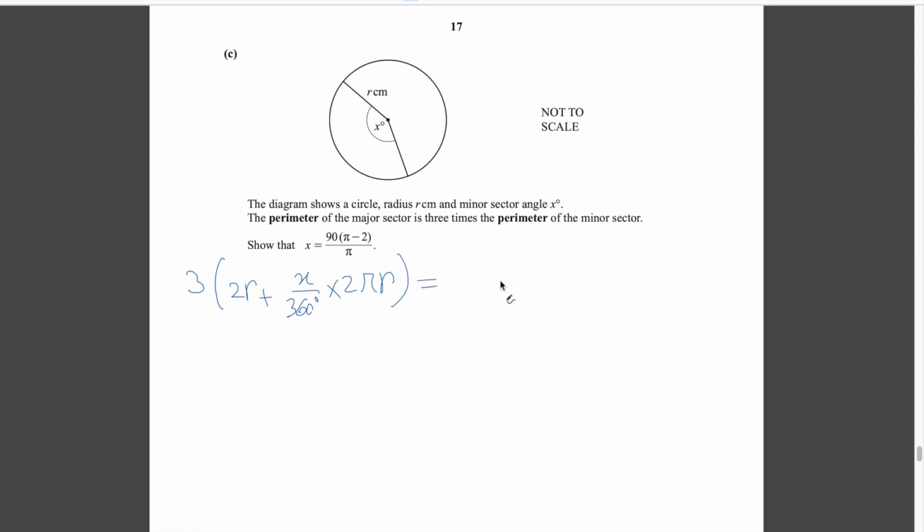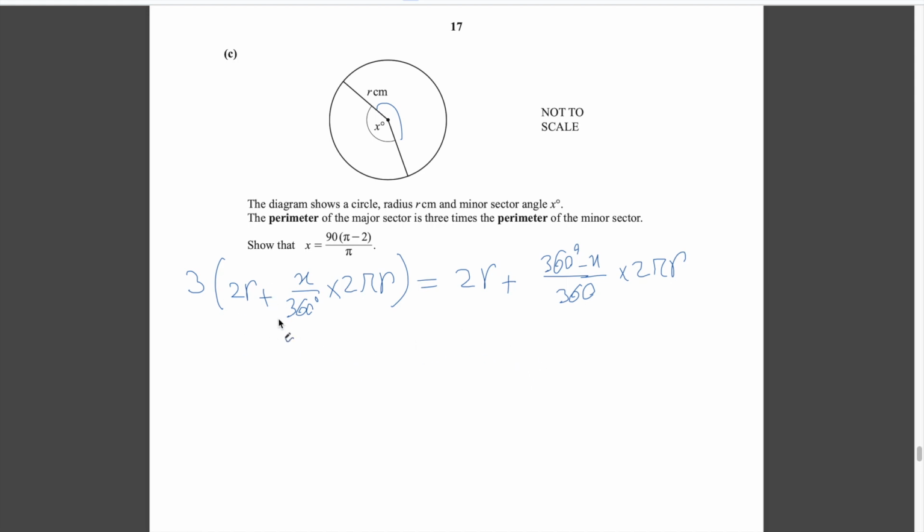And now I write the larger one. For the larger one, again you have 2r plus, now this angle is 360 minus x, so 360 minus x over 360 times 2 pi r, radius is the same. So the perimeter of the larger sector is 3 times the perimeter of the minor sector.